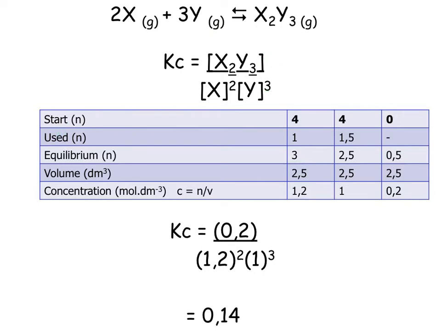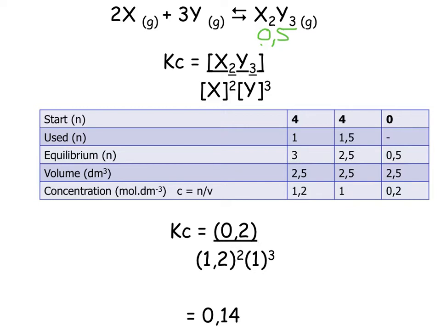What did I start with? I started with 4, 4, and 0. Then if you look at the graph, you make 0,5 moles of this product. Now remember that there is a mole ratio that tells you that 2 X's plus 3 Y's gives you 1 of X2Y3.